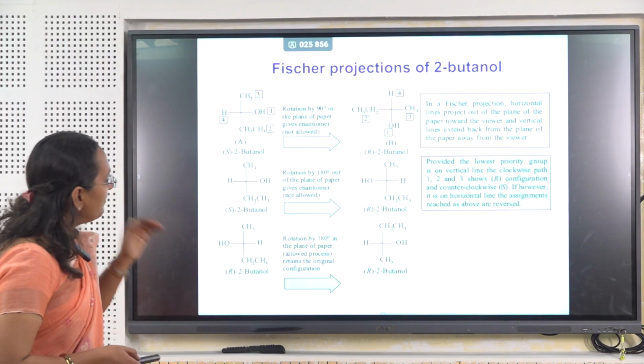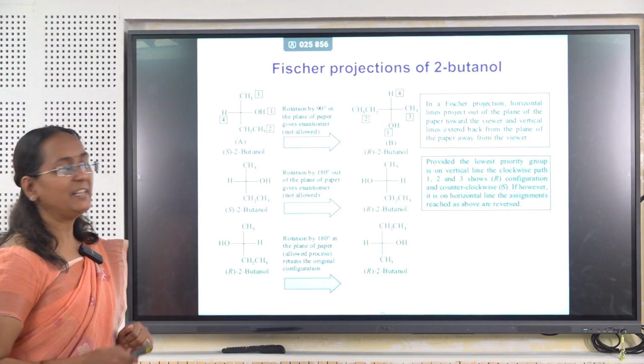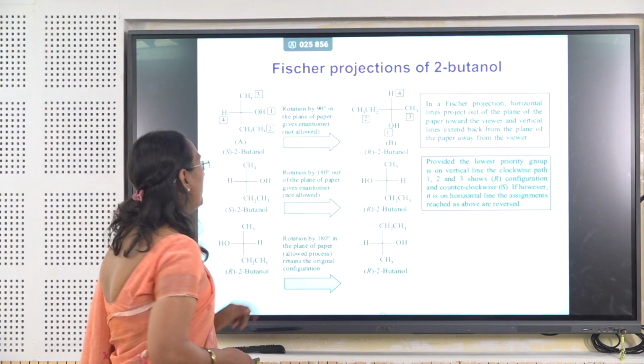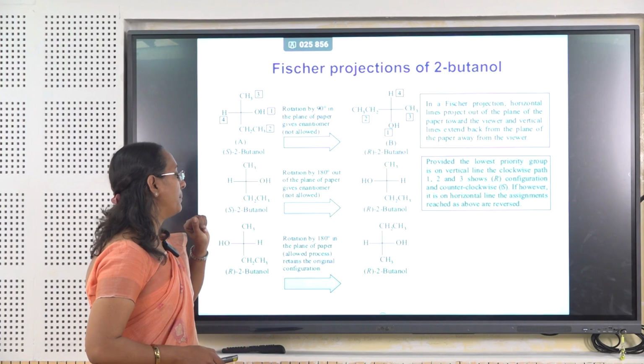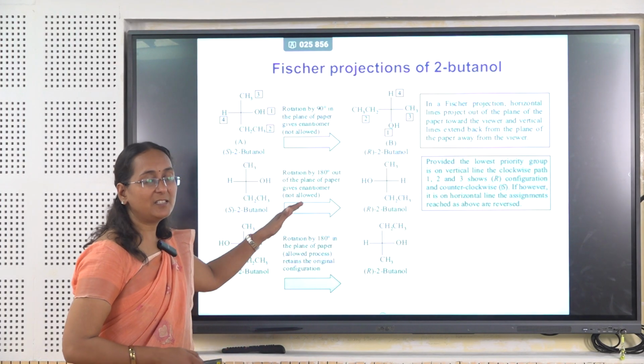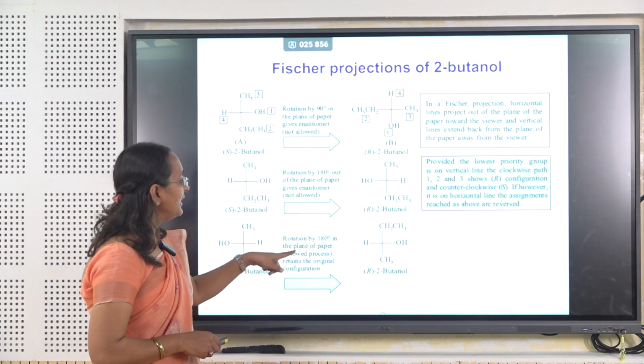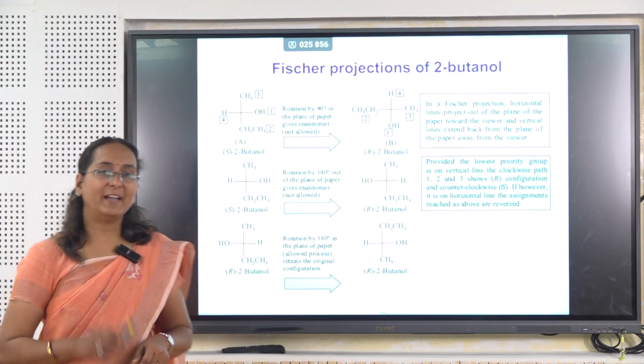When we rotate by 180 degrees out of the plane of the paper, it gives the enantiomer, so this type of process is not allowed. But when we rotate by 180 degrees in the plane of the paper, it is an allowed process.